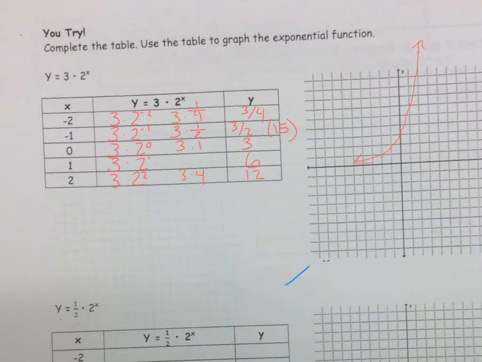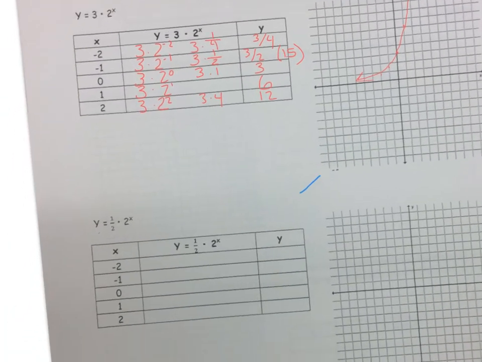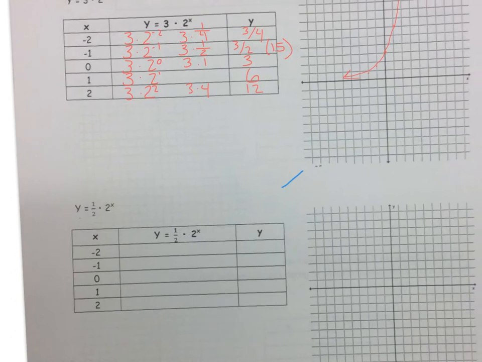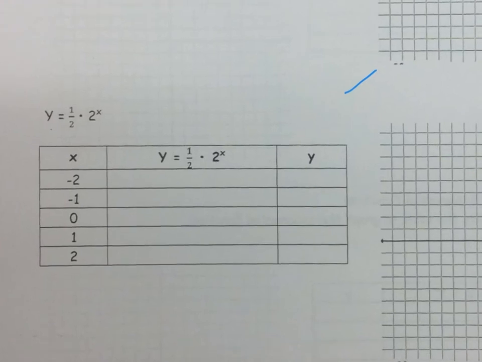We'll take a look at the first few problems from this one because I know it's kind of tricky. We've got 1/2 times 2 to the negative 2. That's 1/2 times 1 over 2 squared, which is 4. That's 1/8. This is 1/2 times 2 to the negative 1.